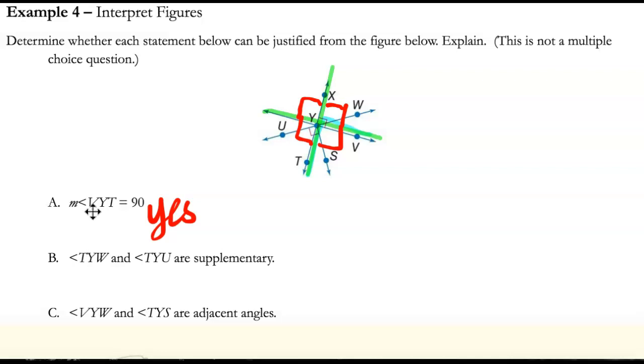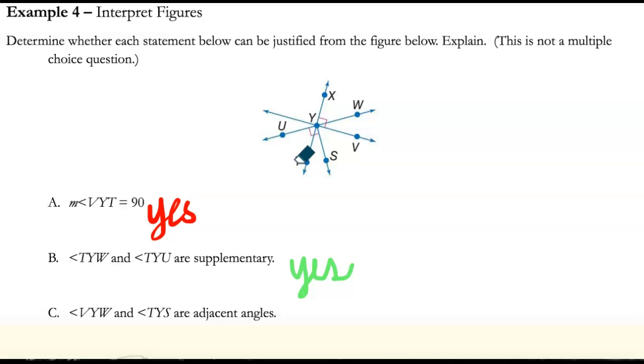Alright. Part B. I'm going to erase this. We want to know if we have enough information to prove they are supplementary. Supplementary means when you put them together, they're going to equal 180 degrees. We start with T, Y, W, and we have T, Y, U. So yes, because they form a straight line right here. And the next one, adjacent angles.